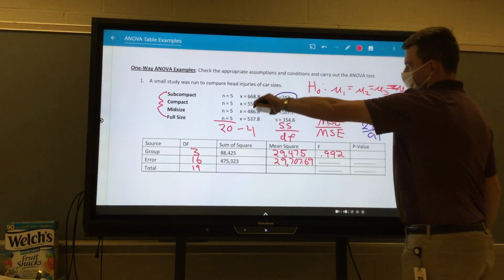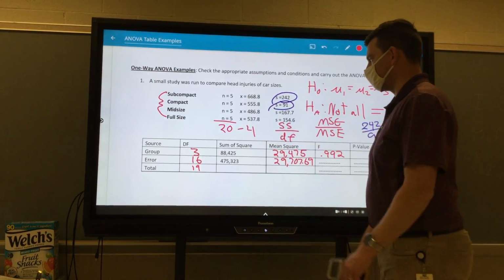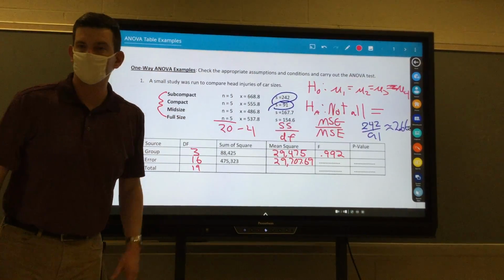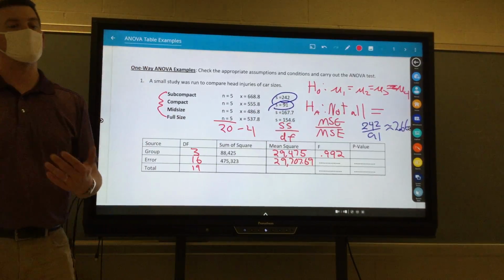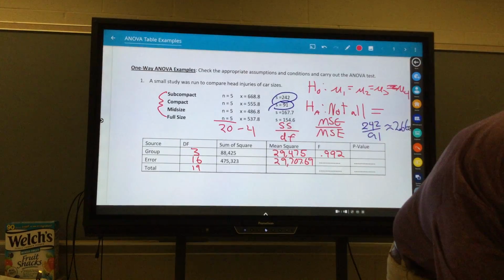So our 468, 555, 486, 537.8 across our small samples of only 5 each, and our variability that we saw with our sample standard deviations, they're all essentially the same.